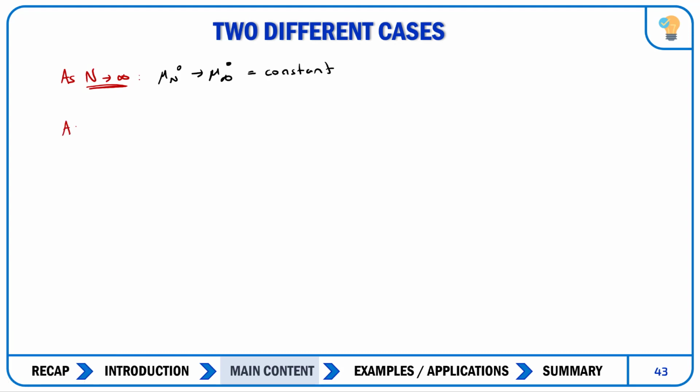Now you have what happens as your concentration of 1-mers is much less than 1. Basically, the number of 1-mers that you have is just a lot less than 1, or basically it goes to 0.